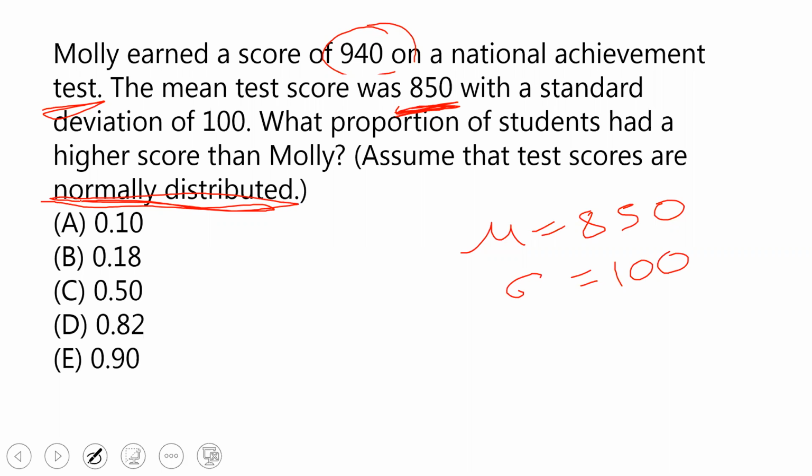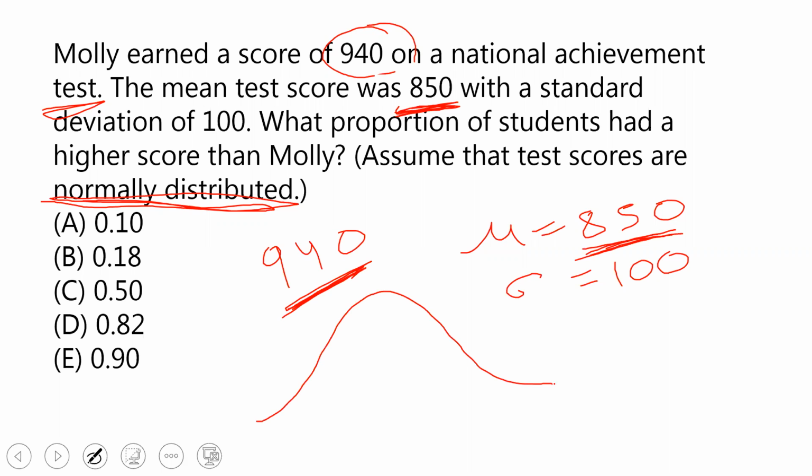So can you tell me how will we find this? She has got 940 marks, but the average is 850. Don't focus on the answer part. Suppose this is a normal distribution.